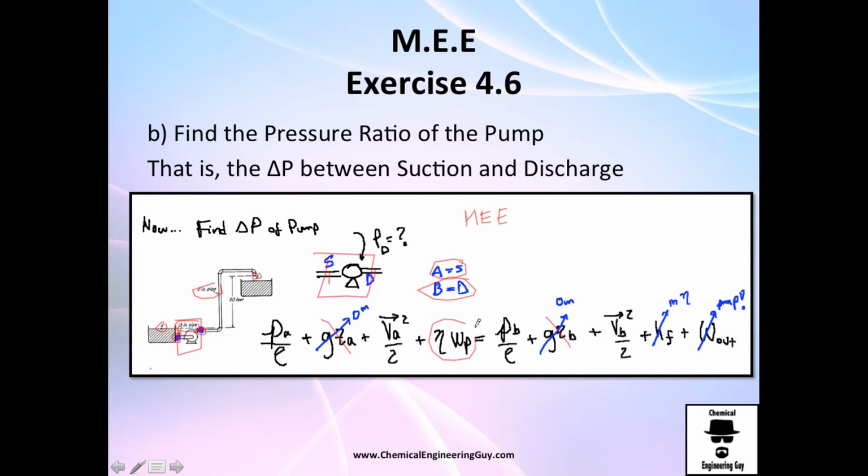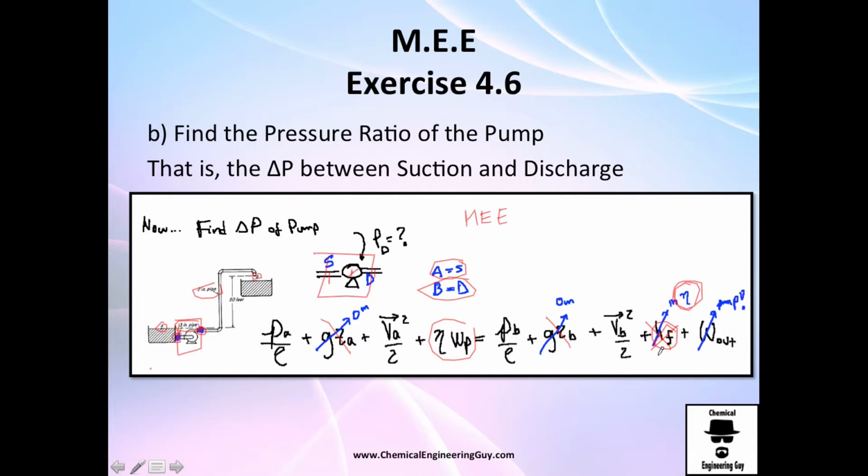It wouldn't make sense to cancel the pump power because we have a pump here. And well, friction. Normally, guys, when we do balances on a pump, we cancel friction away because normally friction is included in the efficiency. So to make it easier, let's cancel this.